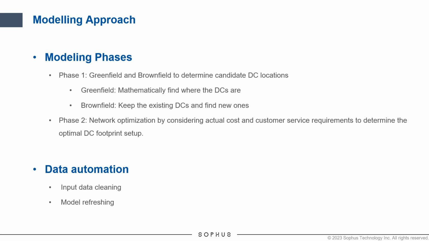Moreover, we have also built the data automation process on Dastro for input data cleaning and model refreshing. Dastro is an integrated cloud-based ETL, extract, transform, load tool seamlessly incorporated into the Sophus platform. Users have the flexibility to utilize Dastro for connecting input data from diverse sources and transforming it into the required format for integration with the Sophus model.